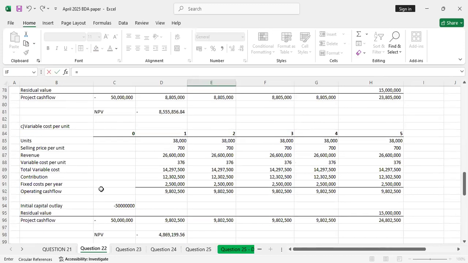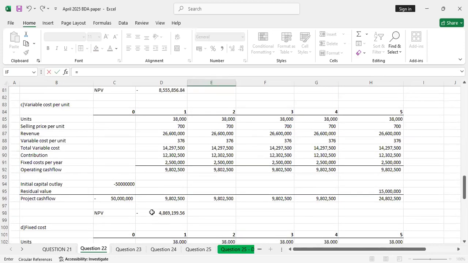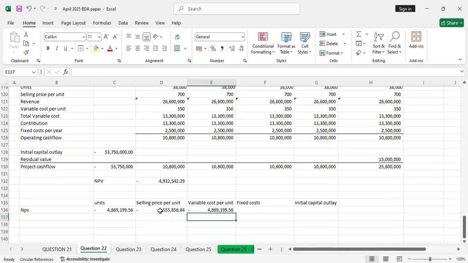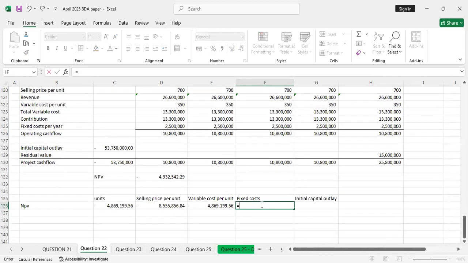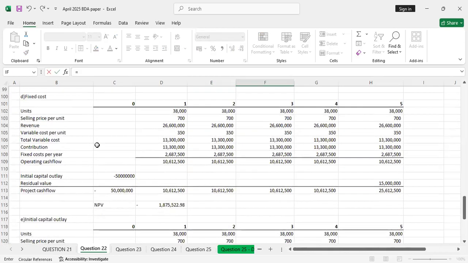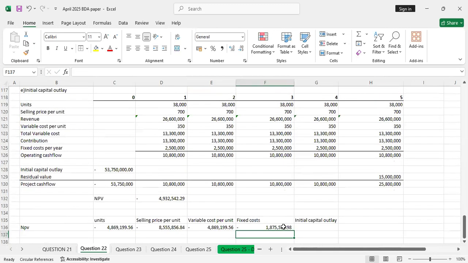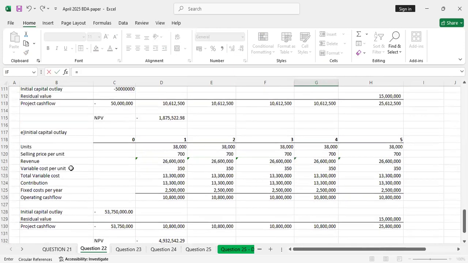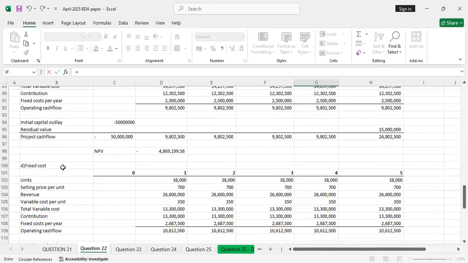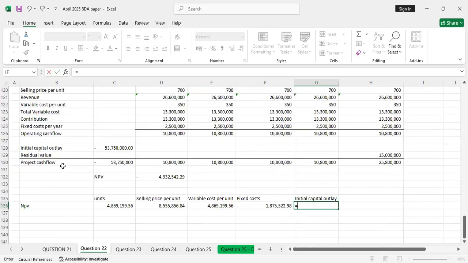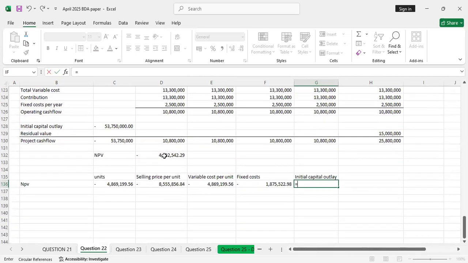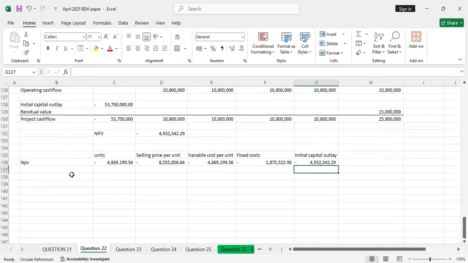Select that, then fixed cost, that one. Then they're all negative. Then we'll have the last one, which is the initial capital outlay, which will be that. Okay, so once you have that, you just highlight all this.